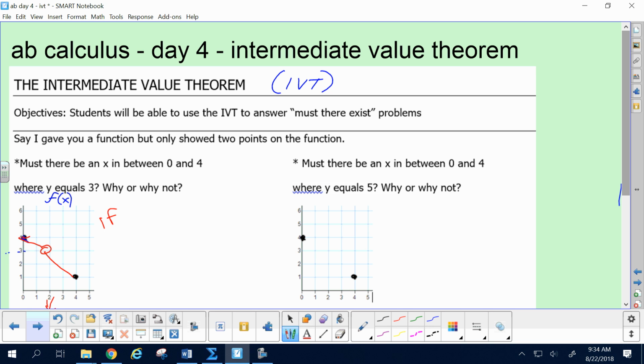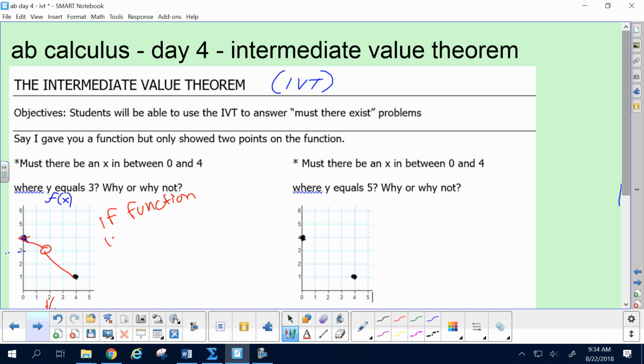What's the problem here that's causing it to not pass through 3? I heard somebody say something. Say again? Removable, but we also said vertical asymptote, so wouldn't you agree that any discontinuity is a problem?